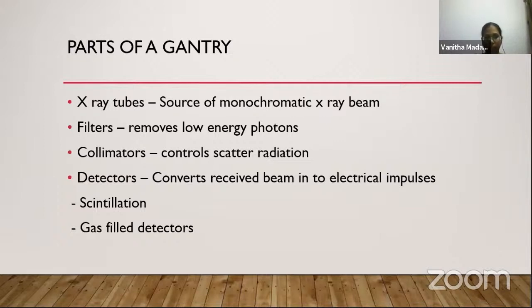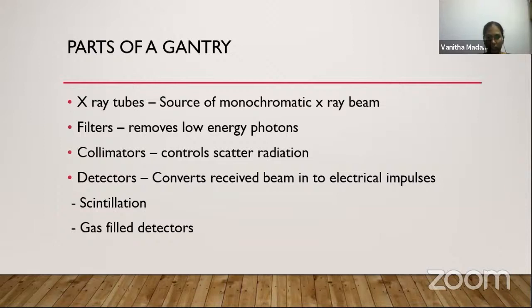There are filters in the gantry, which help in removing low energy photons, thereby increasing the mean energy of radiation. And there are collimators fixed on both sides of the X-ray tubes and detectors, which help in controlling the scatter radiation and also regulate the thickness of the slices.